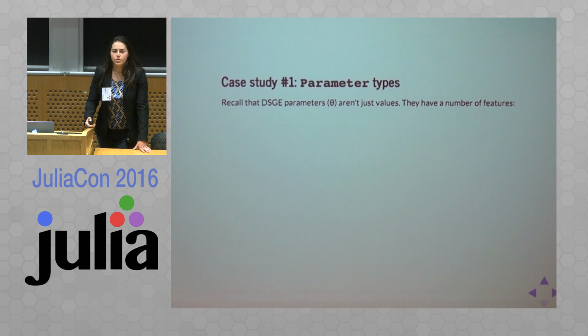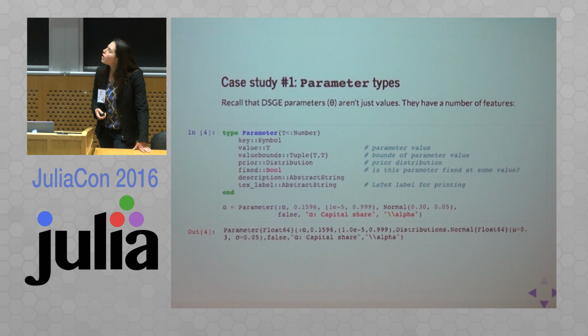So the parameter type is our implementation of the theta object. And remember that theta is not just a value, right? We talked about the fact that it has a prior. It also has a bunch of other things associated with it. So it has a name or a key. It has a value, which is the value that it takes on in any particular draw. It also might have bounds.